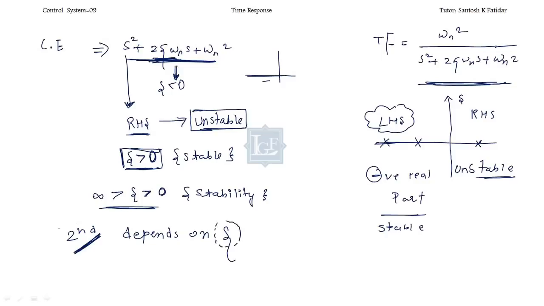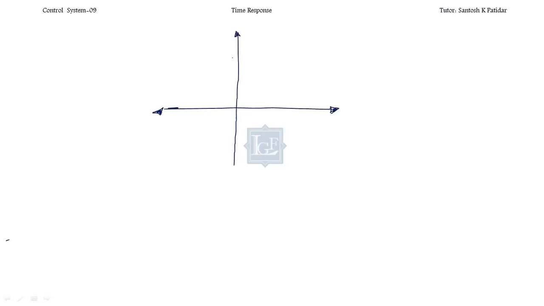So this is a very important note. Please note it down, that your second order system response always depends on zeta value. So I can conclude over here, if zeta is 0, your system will be marginally stable.